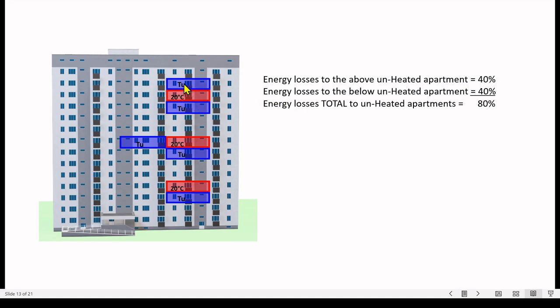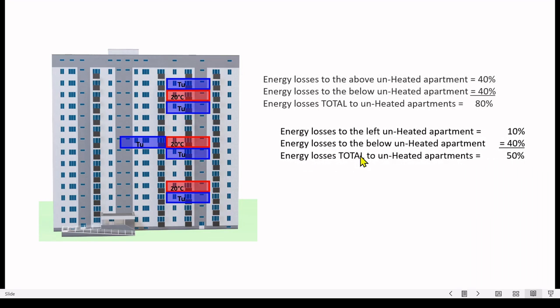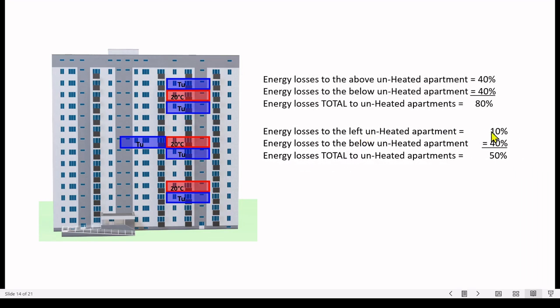Energy losses to the below unheated apartment are 40% and total energy losses are 80%. To the left unheated apartment it is 10% at this area of contact. Energy losses to the below unheated apartment are again 40% and the total is 50%.